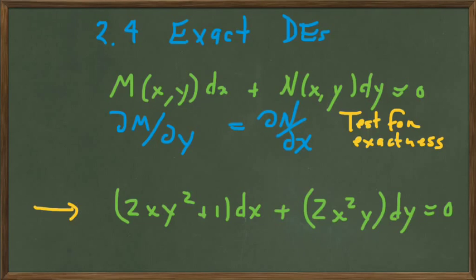So the partial of this M function with respect to y is equal to 2x times 2y plus 0, and the partial of this N function with respect to x is y times 4x, and so therefore, because those two are equal, we do have an exact differential equation.